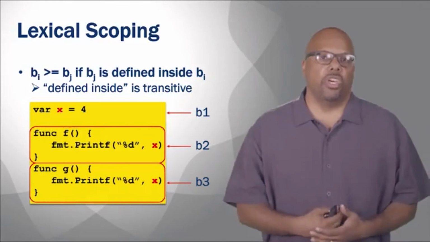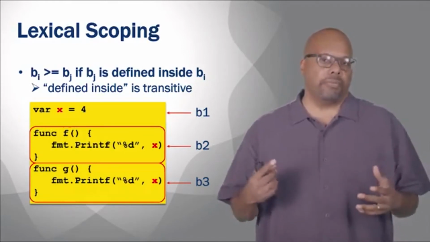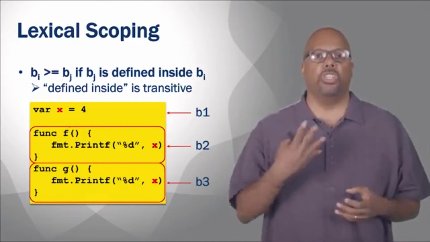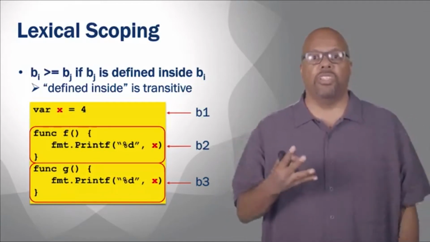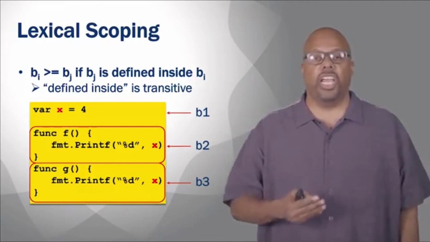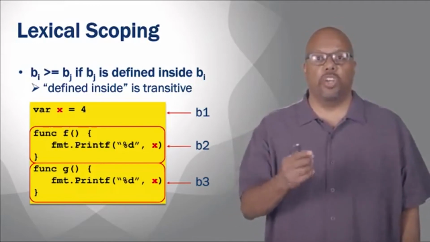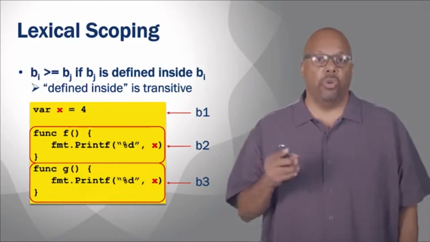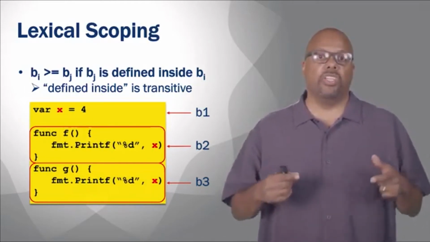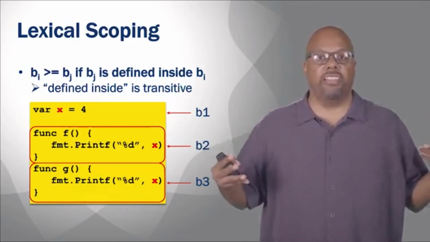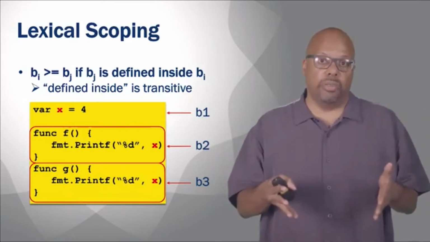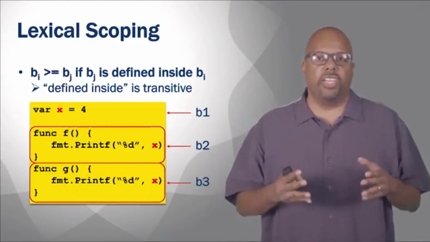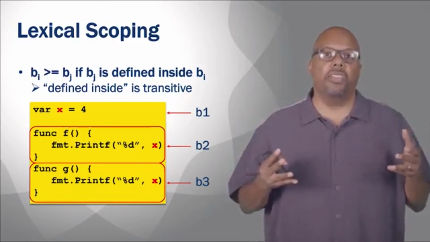We need to know this because of the scoping rules: when you're resolving a variable, you go to the greater including scope. For instance, inside the function f, in block B2, if you're referring to variable x, it's going to look for that variable x inside B2 itself, its local block, and then look at the next bigger block that it's defined inside. So it starts in B2 and looks for variable x. If it doesn't see it there, which is the case here, it asks, what is the next bigger block that I'm defined inside?